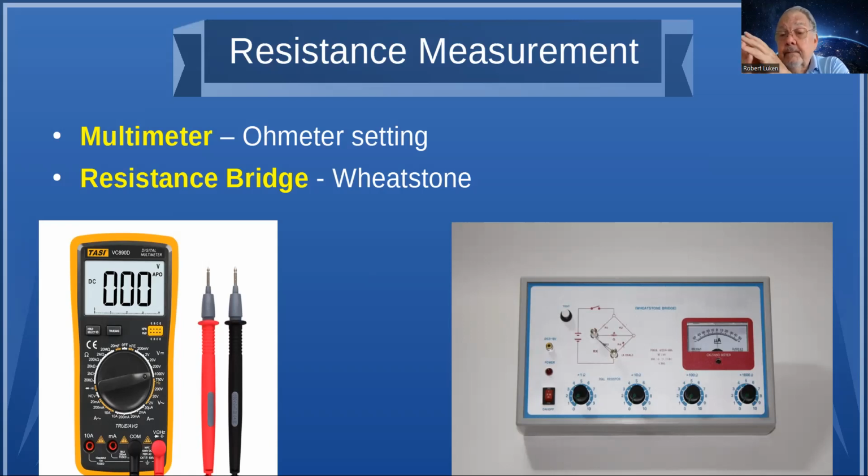And you put the resistor you want to test in that little bridge circuit and adjust the variable resistor until you balance the bridge. And whatever that value is, when you adjust those knobs for the variable resistor, that's going to be equal to the resistor you're testing when the bridge is in balance.